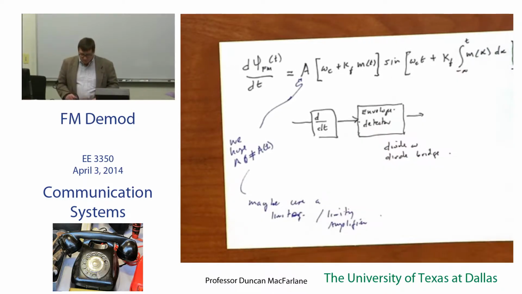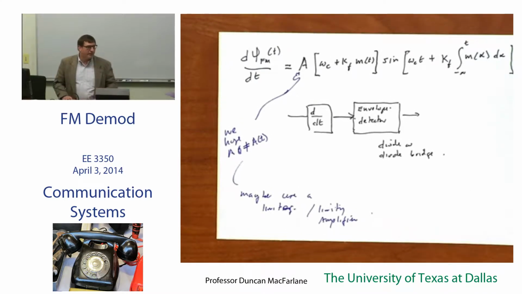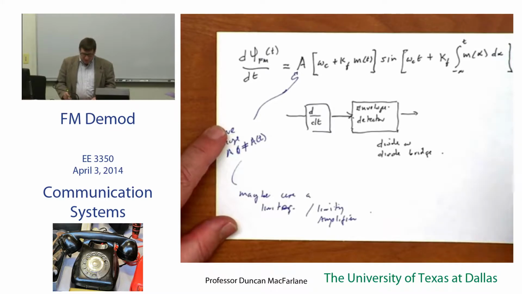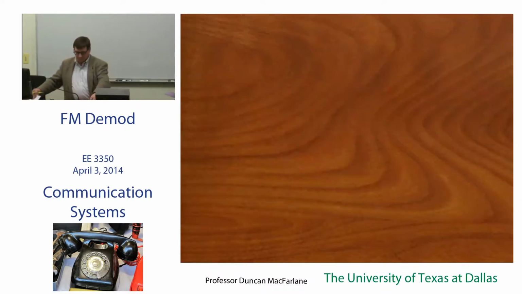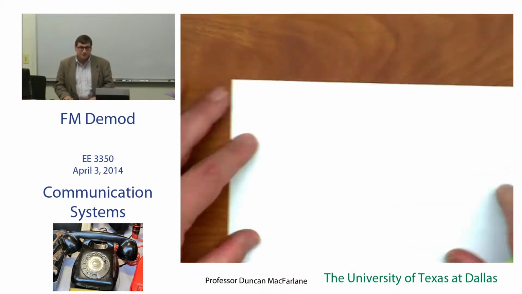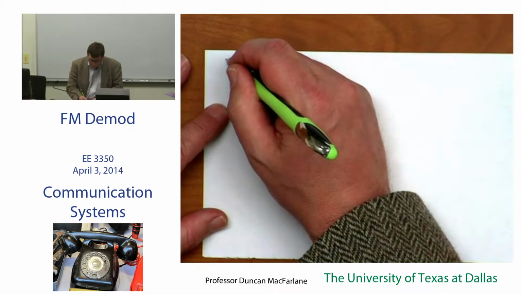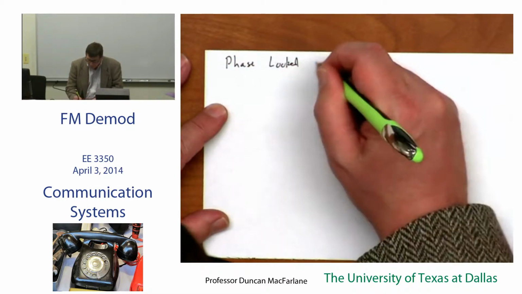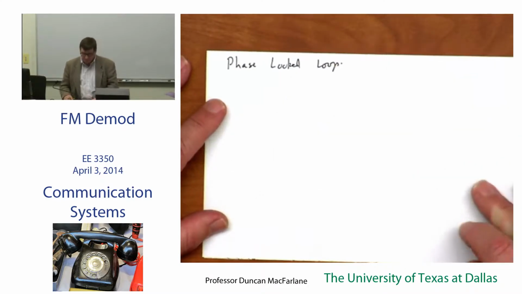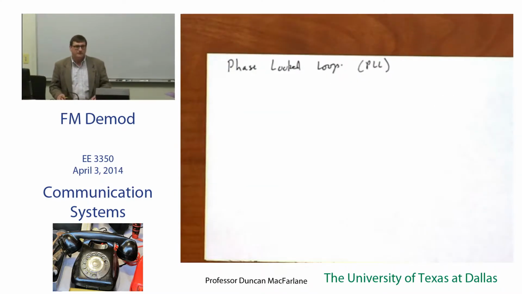But regardless, because A is usually a function of t, and because of other things, we know that envelope detectors are not the greatest choice. There are better ways of doing this. And so, one such way, and I'll finally get to introduce this circuit element, is to use a phase-locked loop, or PLL.